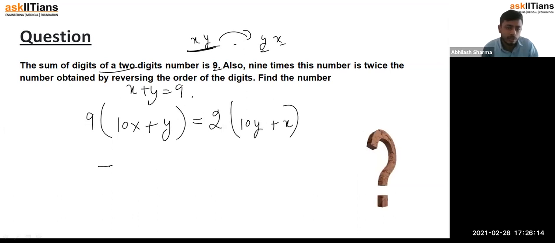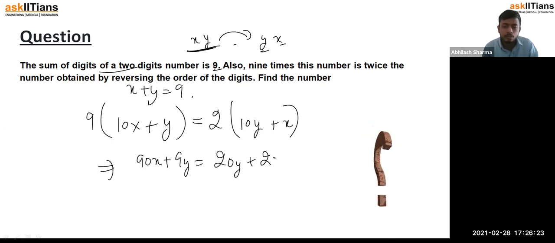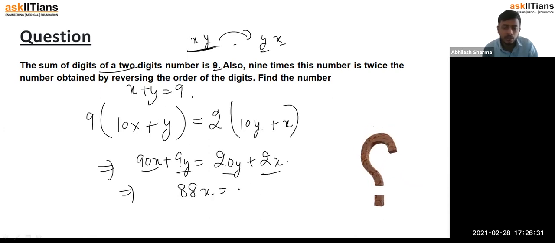That's a very easy question, because what I can now do is 90x plus 9y is equal to 20y plus 2x. This and this will become 88x is equal to 20y minus 9y, which is 11y.